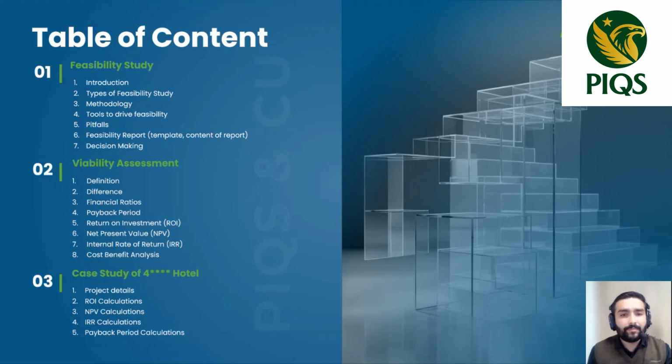In our third part, we go through the hypothetical case study of a four-star hotel, covering applications of financial ratios, conclusions and recommendations, project details, ROI recommendations, payback period calculation, NPV calculation, and IRR calculation.